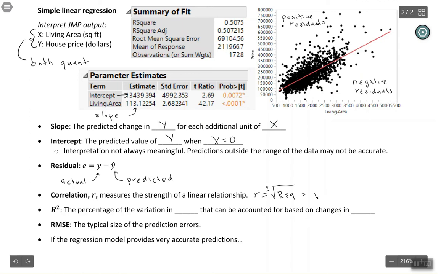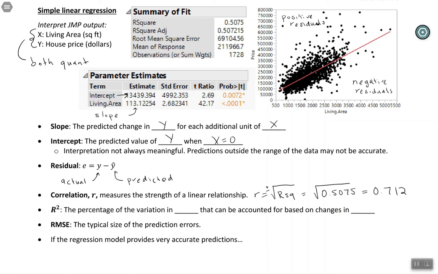Okay, so here we're going to take the square root of 0.5075. That's the r squared that's given there in the table. And here we see we have a positive trend, right? Higher living area is associated with higher price. So we're going to use a positive number for the correlation.